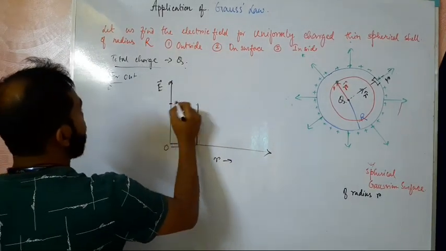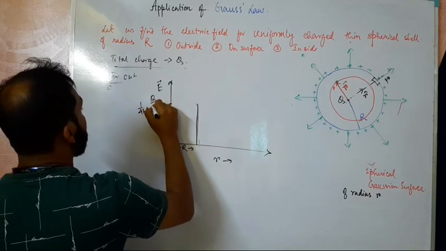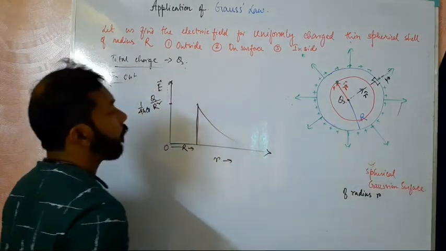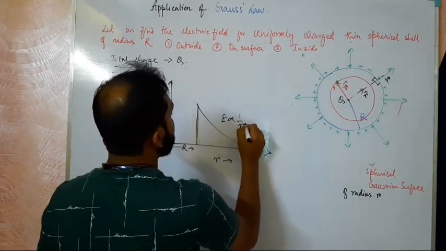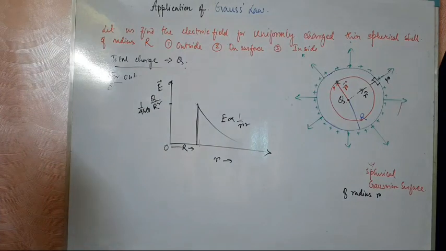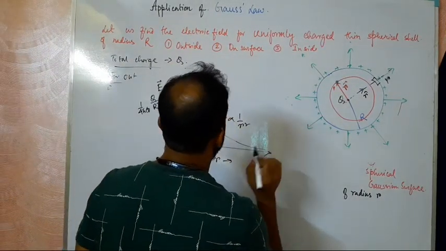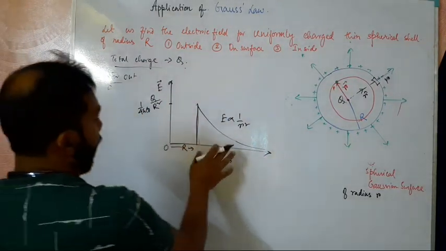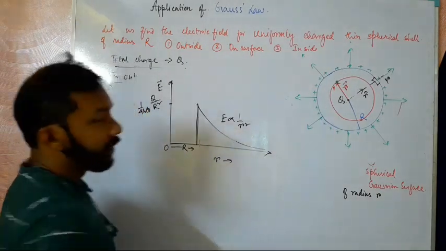The maximum value of the electric field is 1 by 4 pi epsilon naught, Q by R square, and then it falls. E is proportional to 1 by r square, and it becomes parallel to the asymptote, the r-axis. So this is the graph which represents the variation of the electric field with distance from the spherical shell.